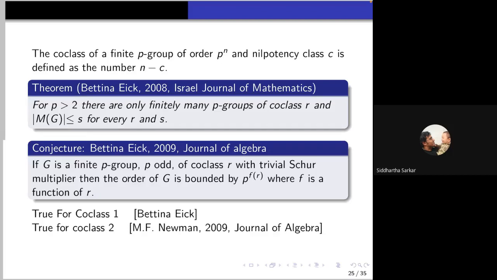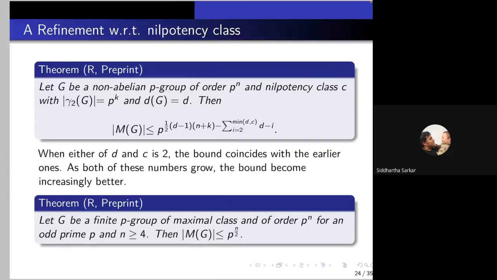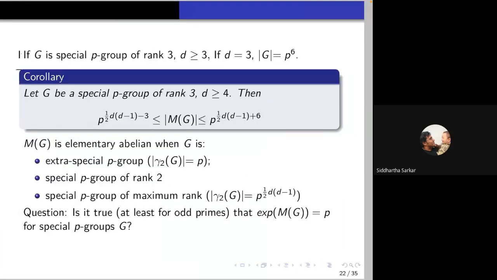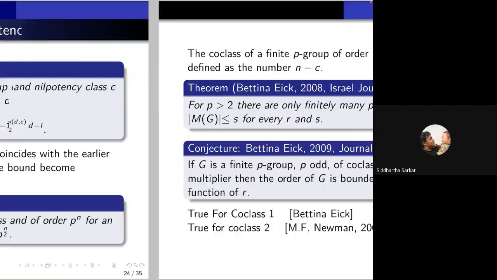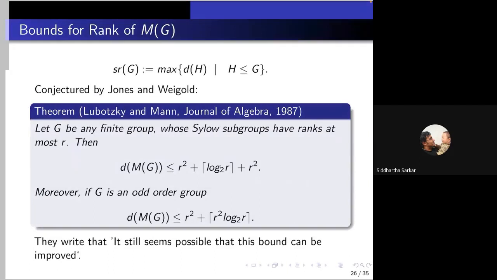Okay. And this Lubotzky and Mann result, I think the first statement there is a mistake. Oh, is it? Why are you writing r squared twice over there instead of writing 2r squared?